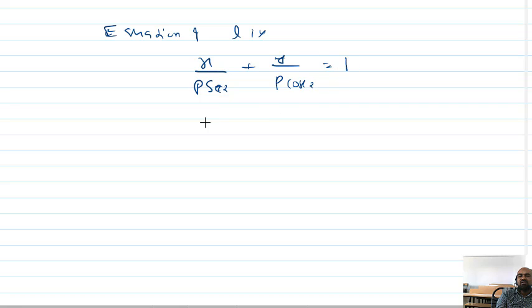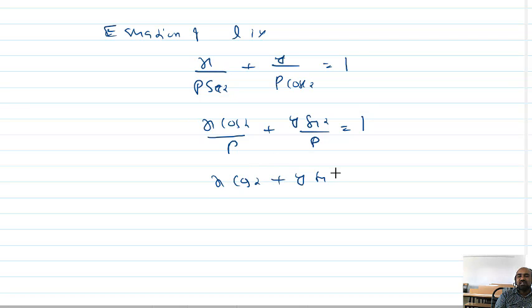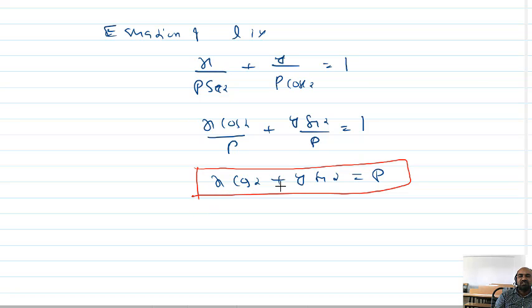The equation of L is x by P secant alpha plus y by P cosecant alpha equal to 1, or x cos alpha by P plus y sin alpha by P equal to 1, or x cos alpha plus y sin alpha equal to P. This is called the normal form of a straight line, under the condition that the line is inclined.